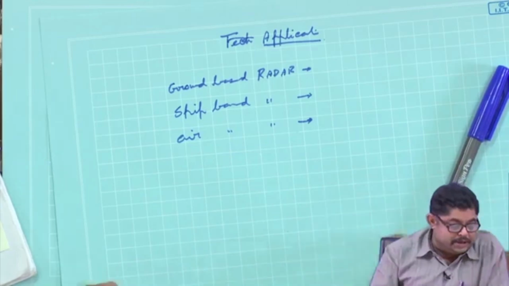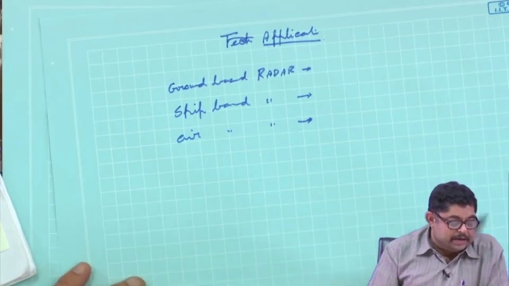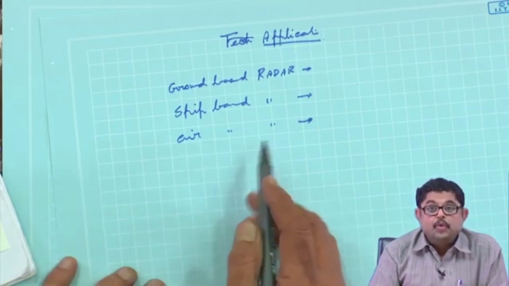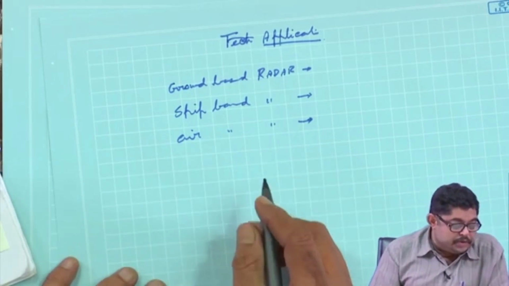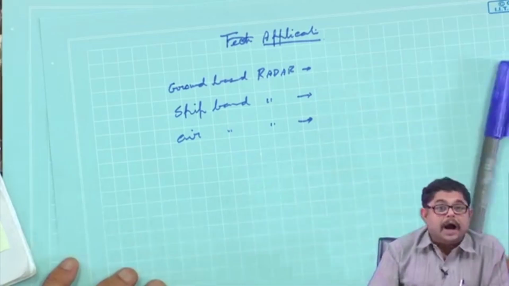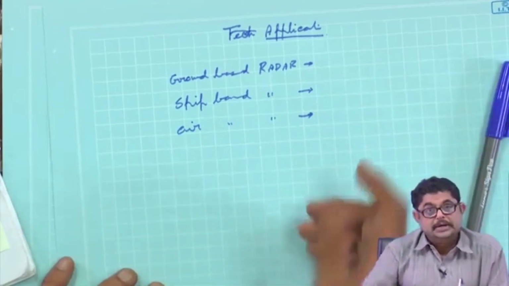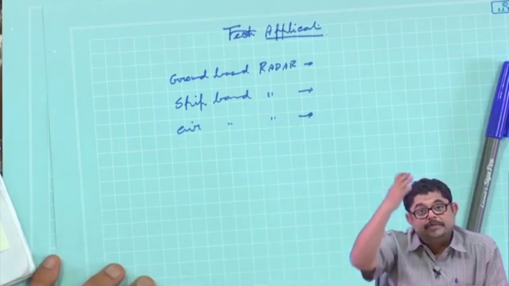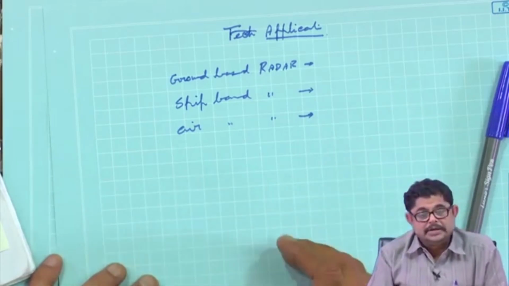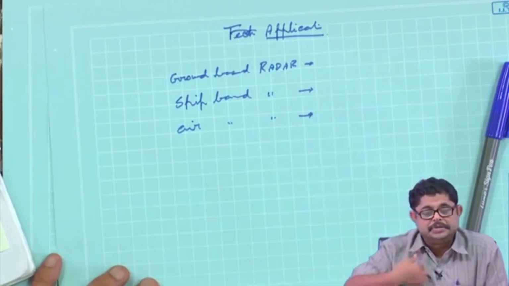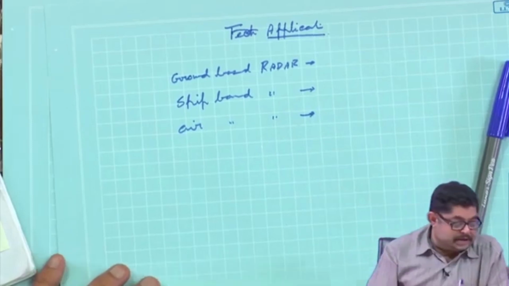You can also detect ships, land vehicles, navigation, and weapon control. Then early warning radars, where even from 5,000 kilometers, if some missile or spacecraft is coming, it can get detected.